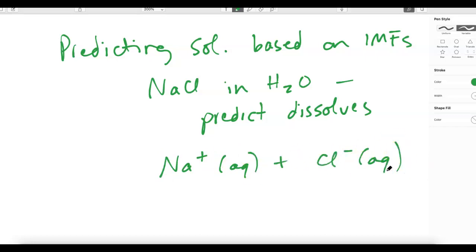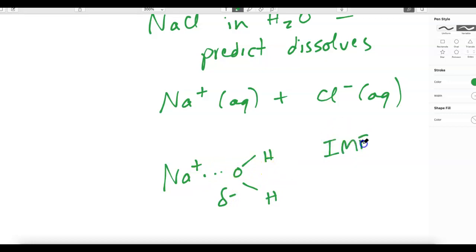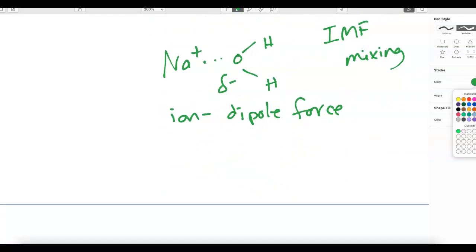And the interaction between those ions, so a sodium ion, for example, would be attracted to the water, specifically the oxygen end of the water because it's got a partial negative charge. That's a new IMF of mixing. And very specifically, it's an ion-dipole force. We can also have dipole-dipole.